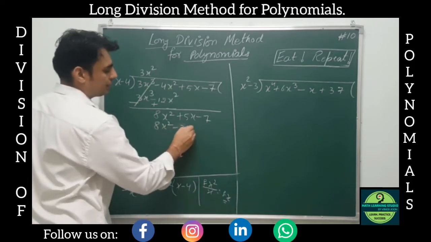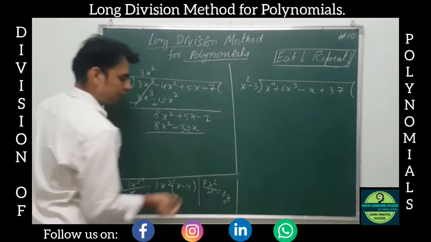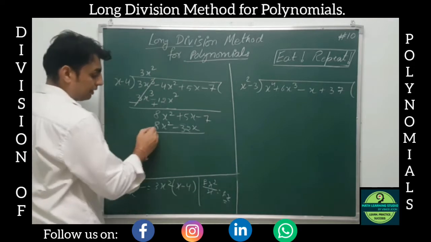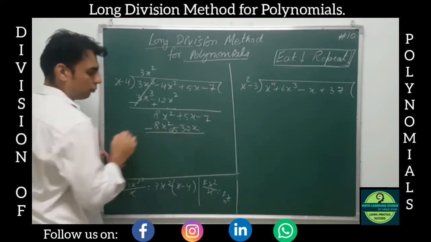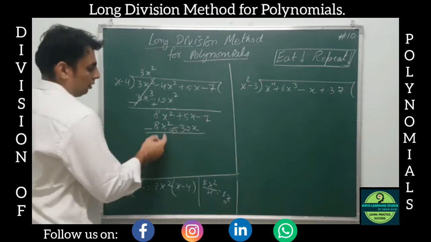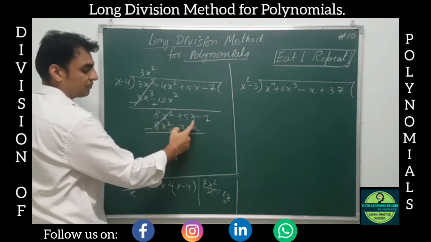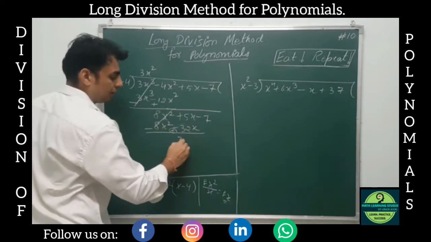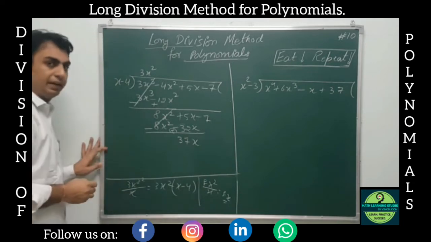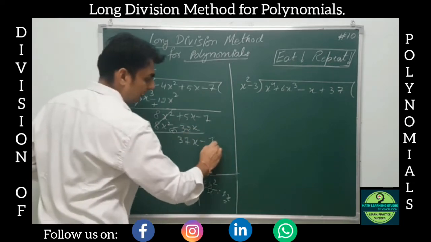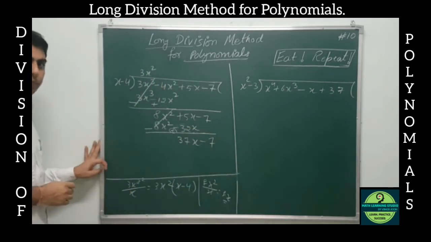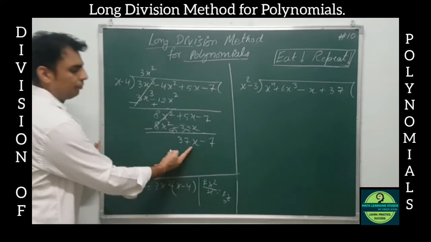So minus 32x. Then we again subtract. So change this sign and this negative also becomes positive. This cancels. Plus 5x plus 32x becomes plus 37x. Minus 7. Alright. Then same.